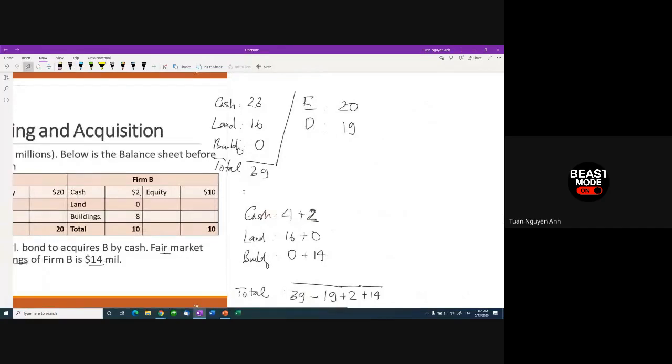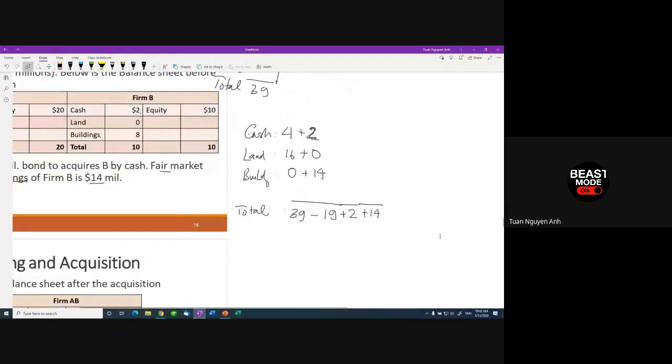Yeah, so there is some imbalance here. This is 6, 16, 14, so this is 36. And this is equal to how much? 20 plus 14 is 34, this is 36. Right? This must equal 36, and the one above is just right.